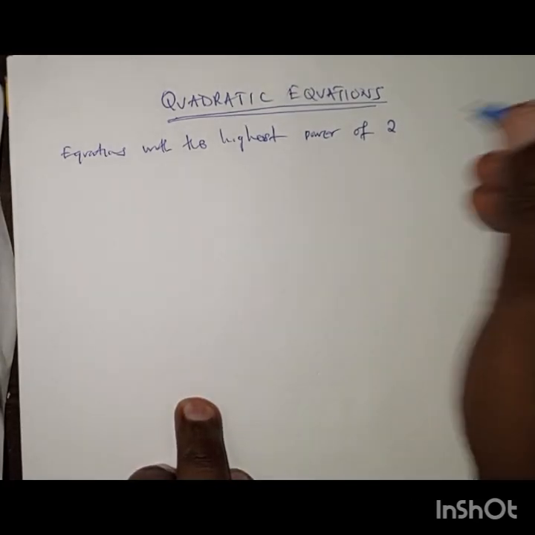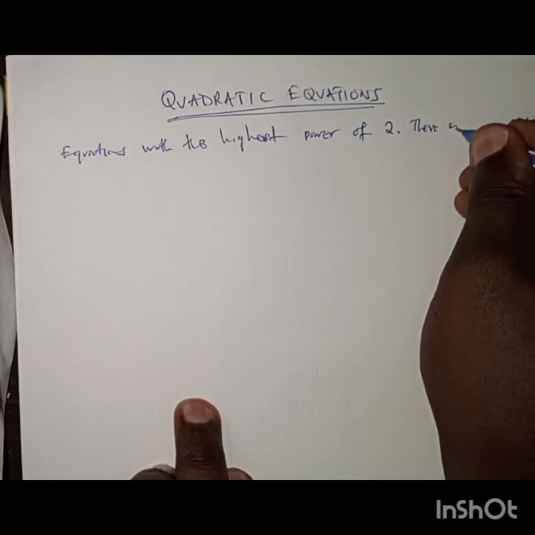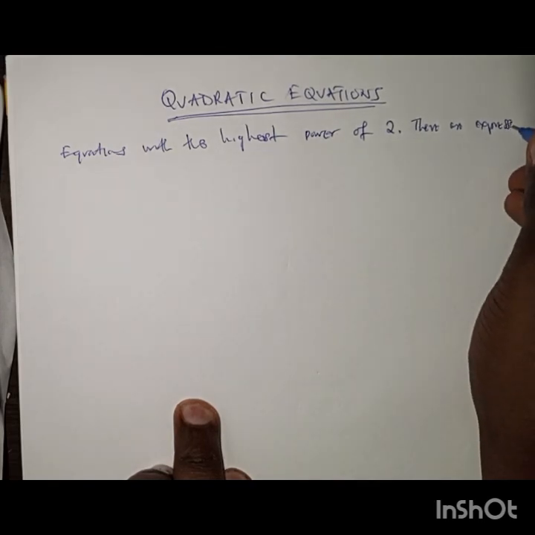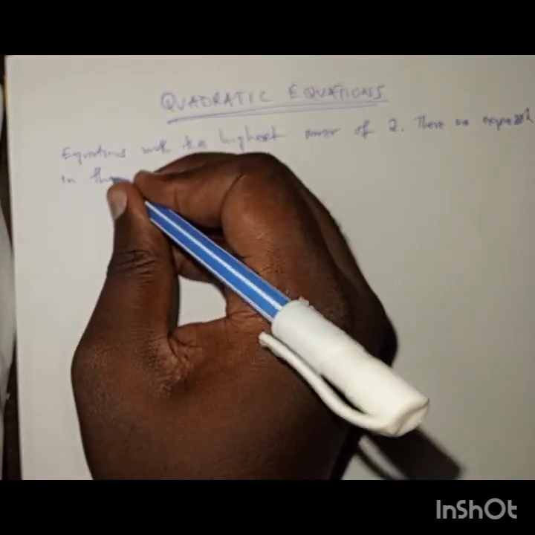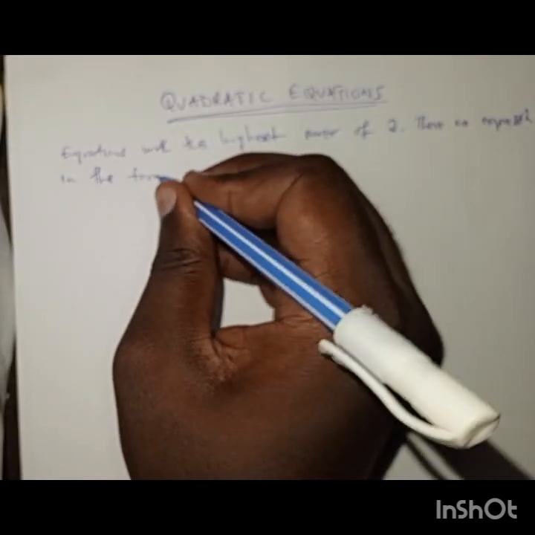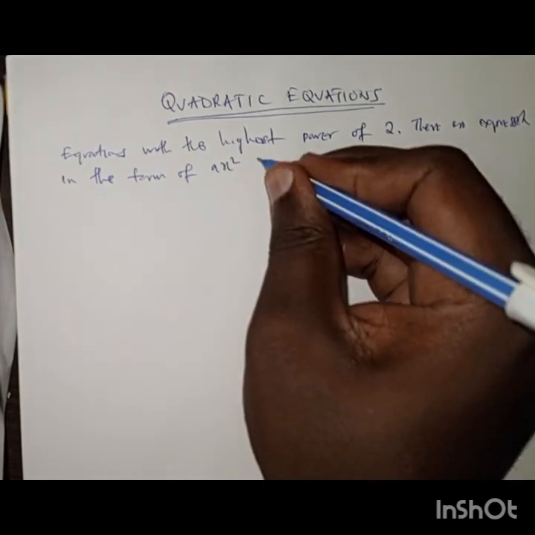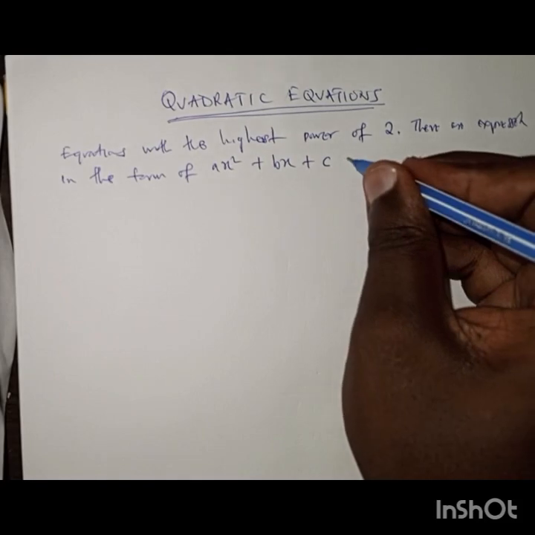Okay. They are expressed in the form of ax squared plus bx plus c is equal to 0.